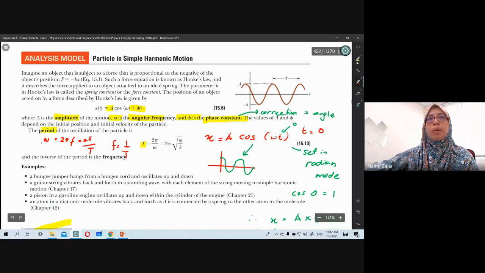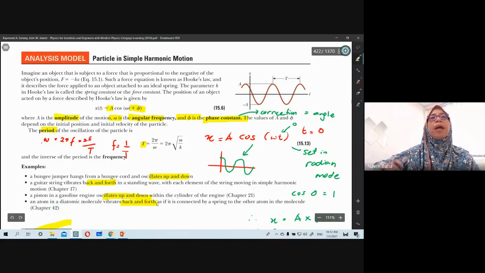Examples of simple harmonic motion. It's very easy to memorize or understand which object exhibits simple harmonic motion. The key is this: it oscillates up and down, back and forth, vibrates back and forth.